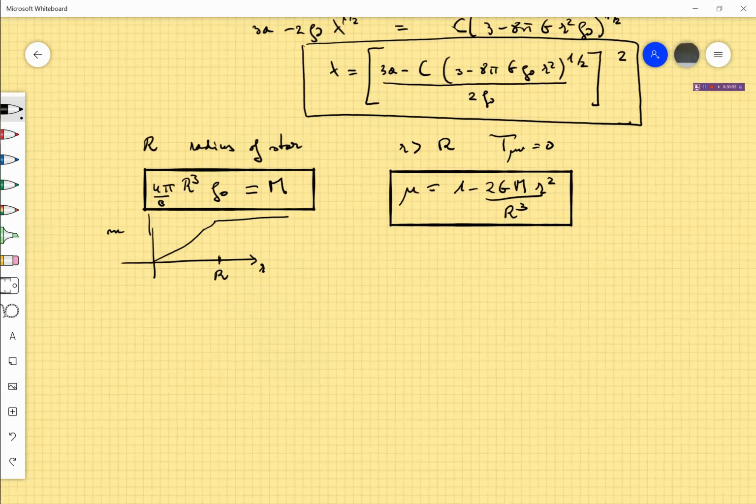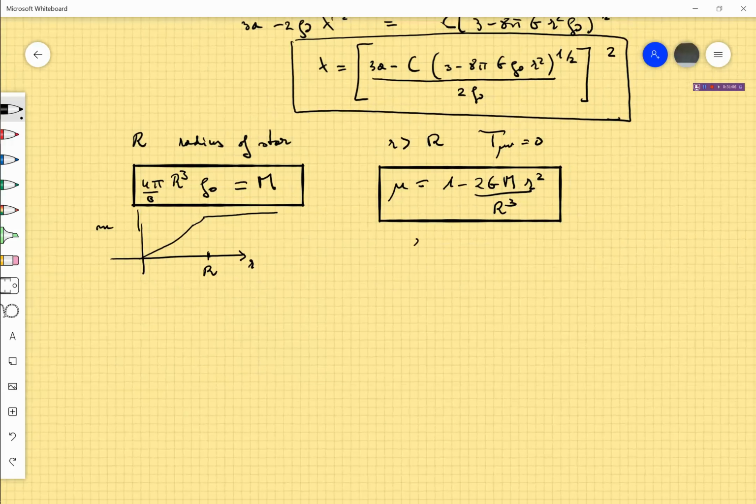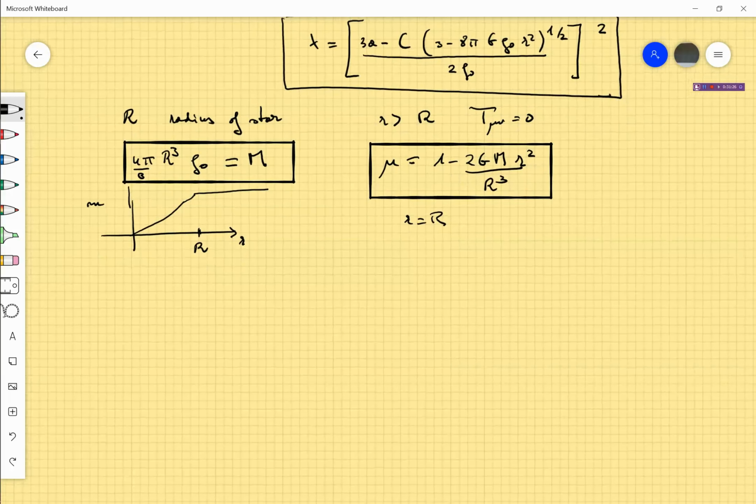One thing that we have obtained immediately, even if we didn't search for it, is that when r is equal to R, this mu is identical to the function that you have in the exterior Schwarzschild solution, which is something that we wanted, because we wanted a solution that can be glued smoothly with the exterior Schwarzschild solution, and this is what happens here.